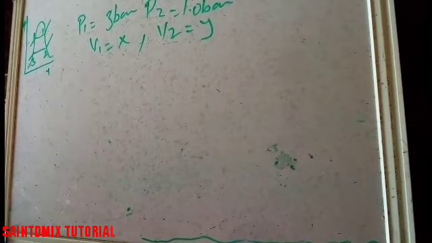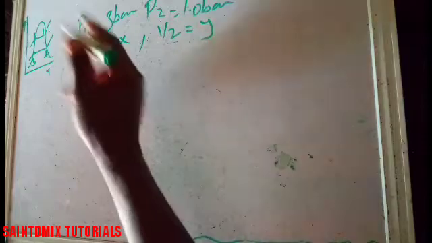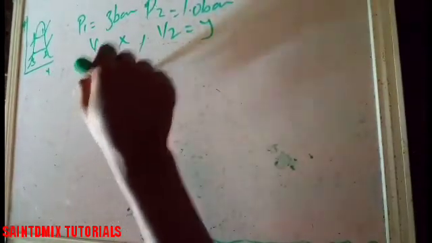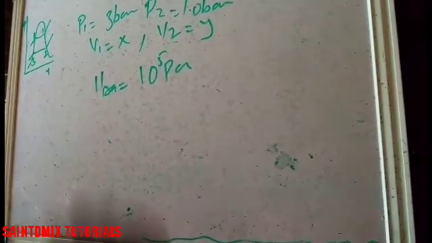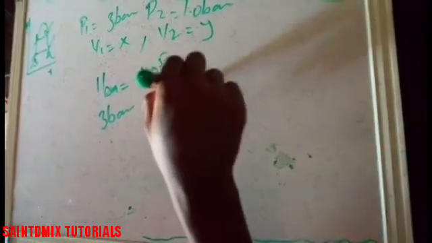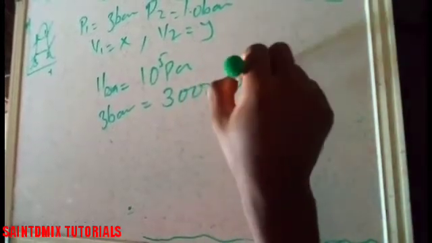So since it's lesser, you go to the superheated table. Now we have our pressure to be 3 bar, but we need it in megapascal. We know that 1 bar is equal to 1 times 10 to the power 5 pascal. So 3 bar becomes 3 times 10 to the power 5 pascal.